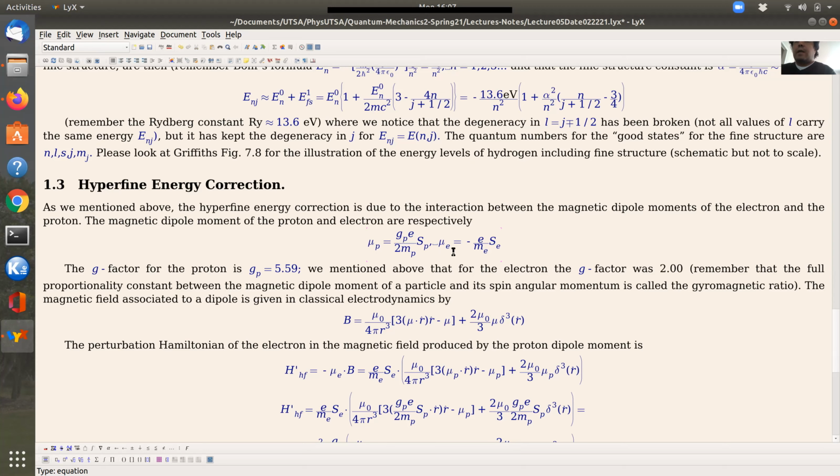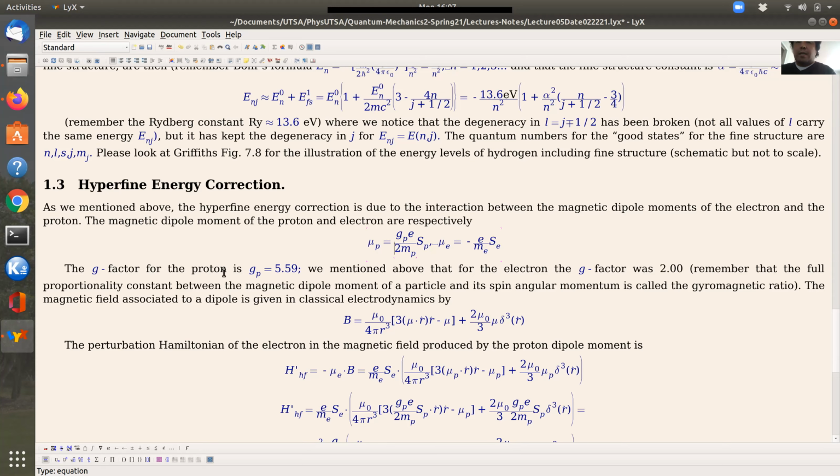And for the case of the electron, we had already made considerations about it. For the electron, this g factor would be 2. And so it would cancel with the 2 that would appear in the general formula, and that's why we don't have it, right? So this is the so-called quantum correction to the classical calculation.